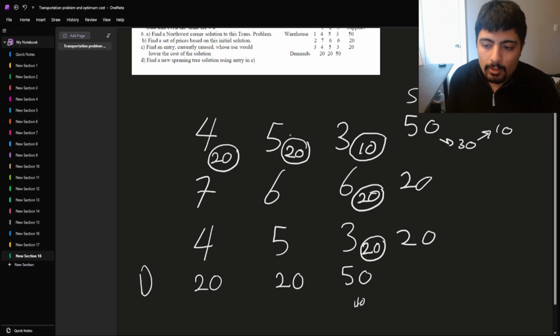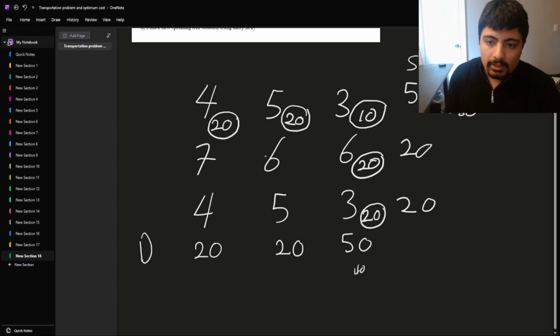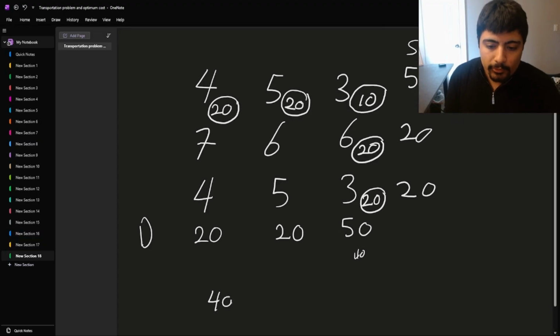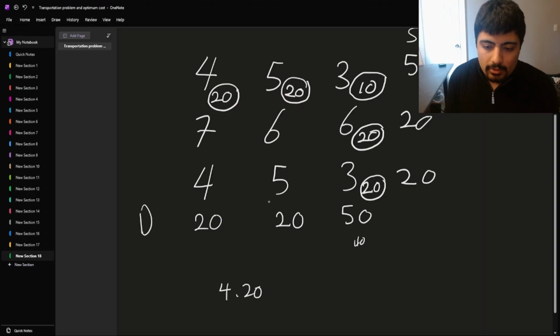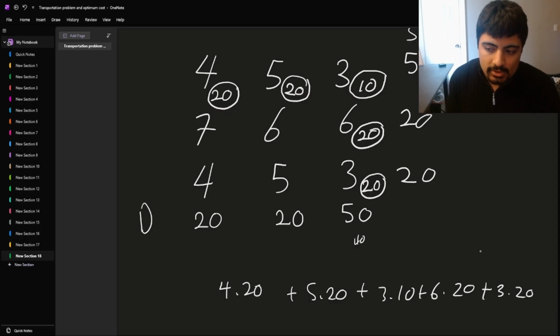desired demand. Okay. So now that we have this chart, we're gonna try to find the cheapest. So just to keep in mind what our price is, and for a good illustration, our price will be 4 times 20 plus 5 times 20 plus 3 times 10 plus 6 times 20 plus 3 times 20.